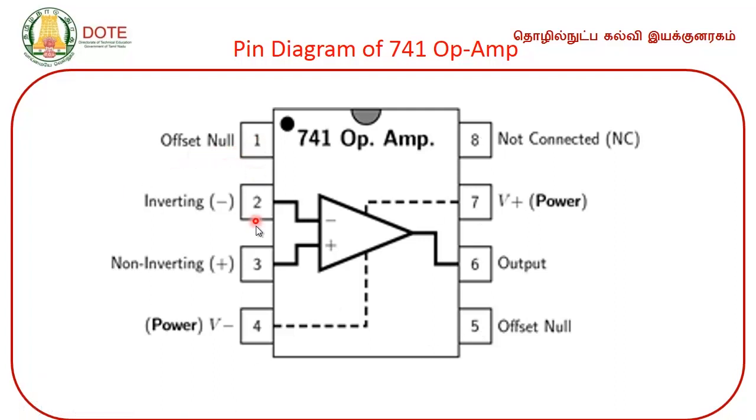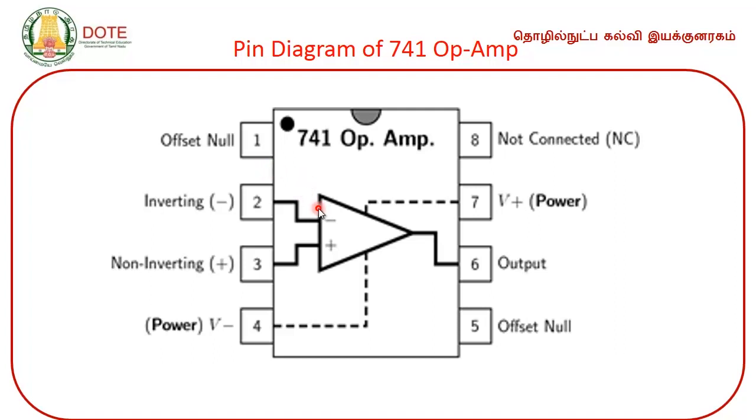So, this is how the pins are numbered. You have to identify the external pins for connecting the IC with external circuits, right. Now, let us see what is the purpose of each pin, right.